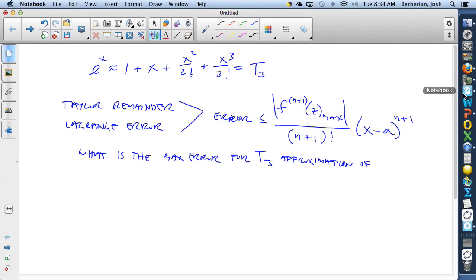So can we approximate e to the 1st? Are you all right with approximating e to the 1st? Yeah. So we're going to use this to approximate e to the 1st. So this says, hey, e to the 1st is approximately equal to 1 plus 1 plus a half plus a third. And we know e is not equal to that, but we know it's close, right? How close? Okay, I can tell you that.